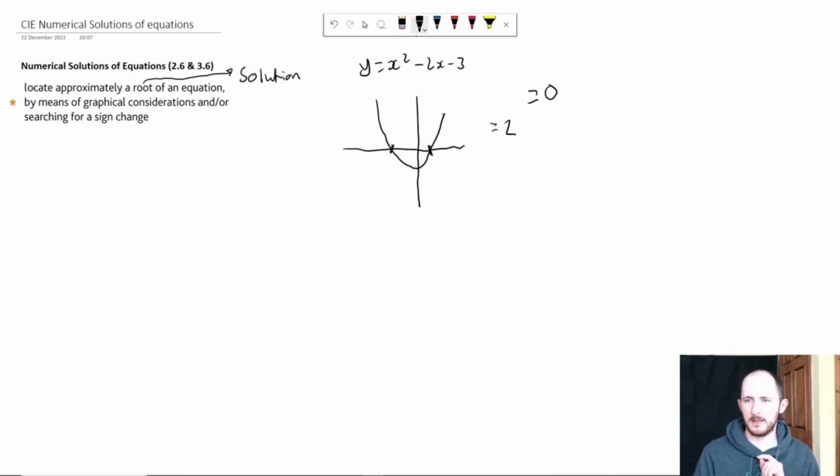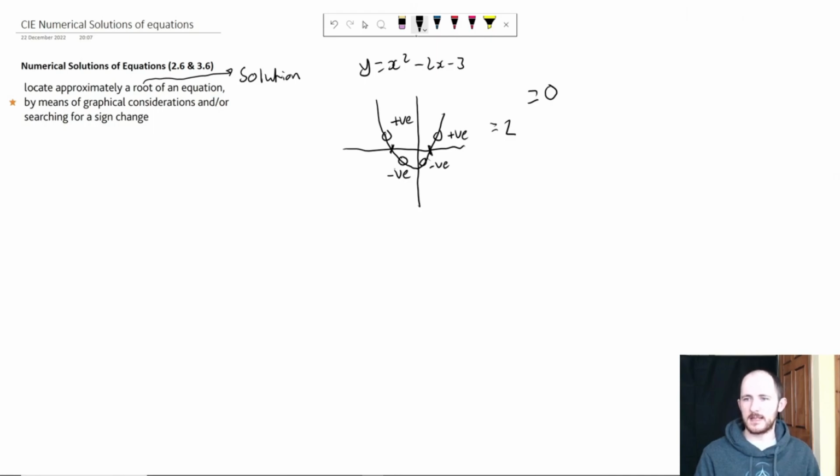Before it crosses here, can you see that this would be a positive value, and afterwards it goes to a negative value? Interesting, right? And here it goes from a negative to a positive. Well, this is because if you're looking for when a root or a solution is equal to 0, there's going to be a change of sign.